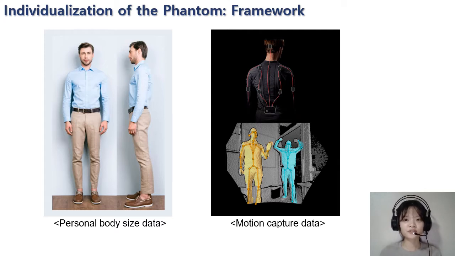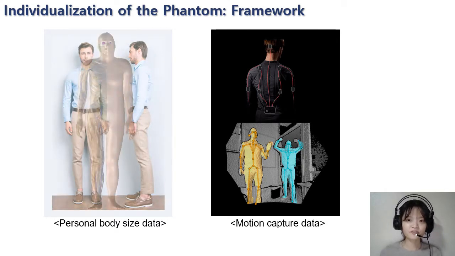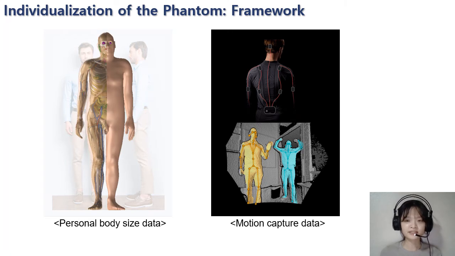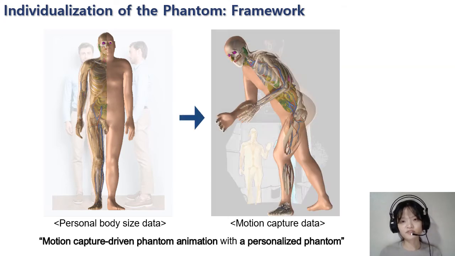Our framework to individualize the phantoms by considering both of these data is to first deform the phantom by adjusting its dimensions to personal data like 3D scan data, and then animate this phantom to follow the motion of the individual. This is the goal of our study, and for now we are working on phantom personalization and phantom animation separately.